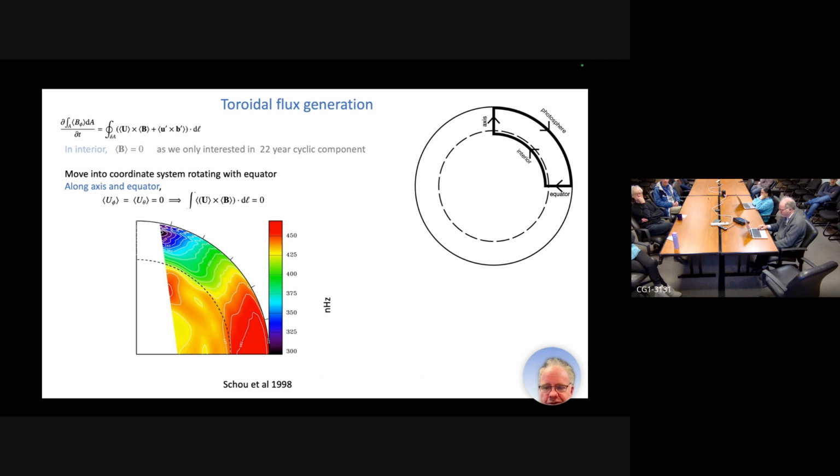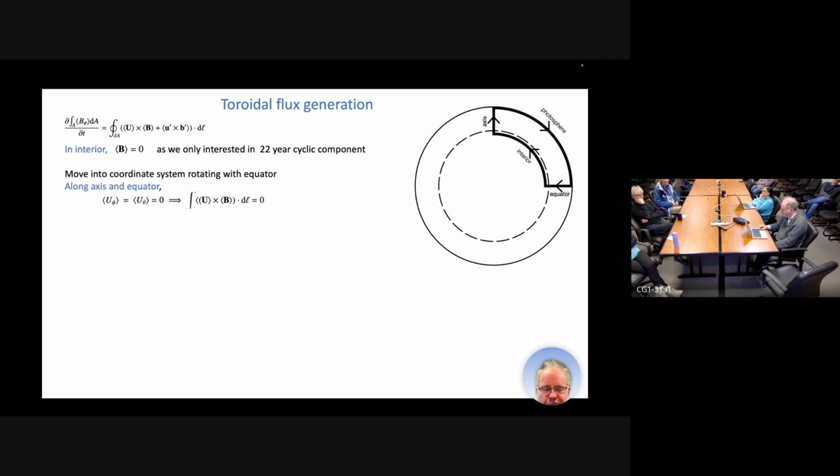And we move into a coordinate system rotating at the equatorial rotation rate, and we notice that at the equator the rotation rate is more or less uniform. It's about 460 for most of the radii, and varies only very slightly near the surface and near the tachocline. So the contribution from this component is also small.